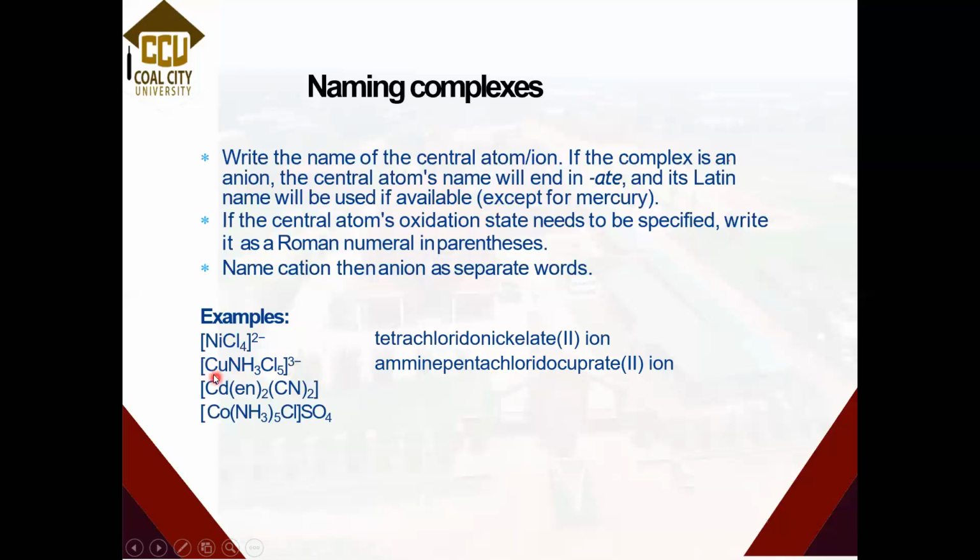But how do I know the oxidation state of this copper? Don't mistake it and say the oxidation state of the copper is 3. No. To find the oxidation state of the copper, let's calculate that together. Let's say copper is X. You can see amine here is a neutral ligand, so therefore it is 0.